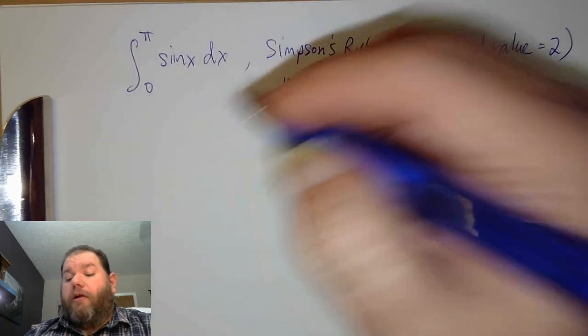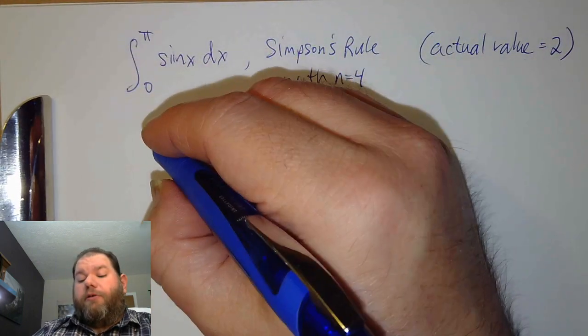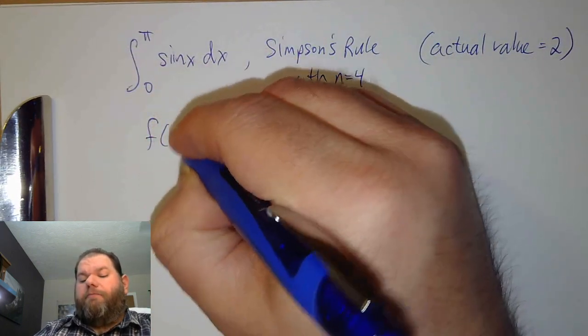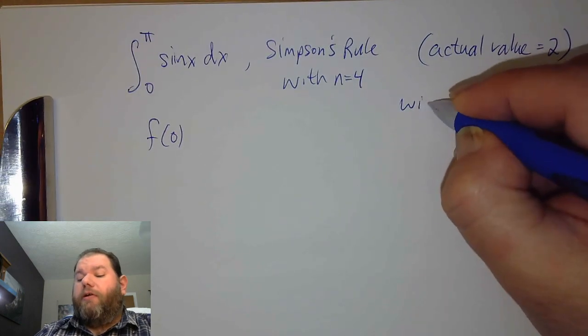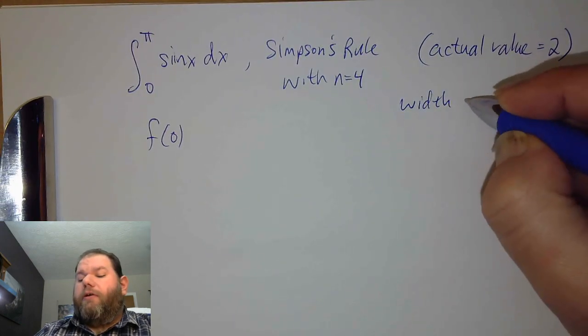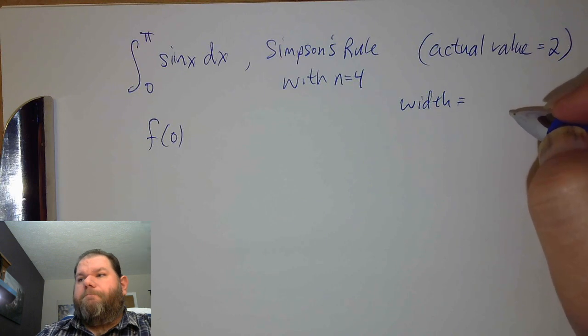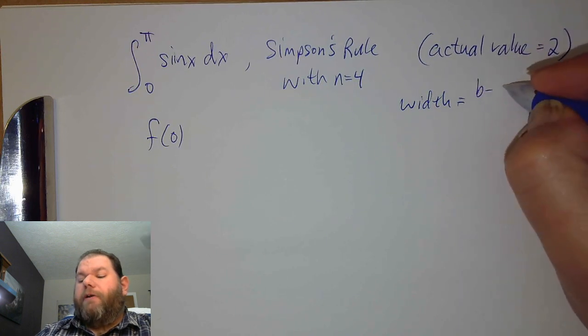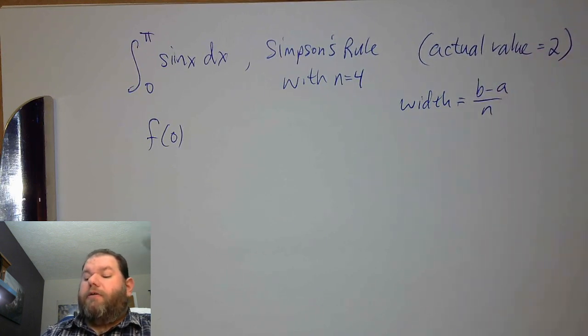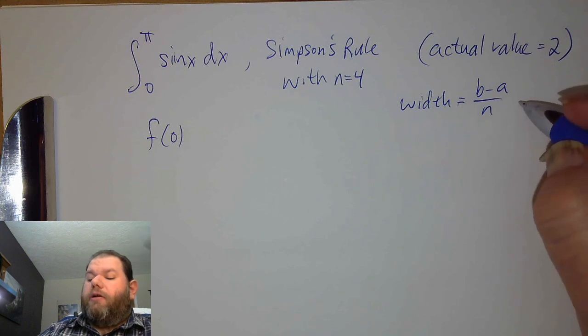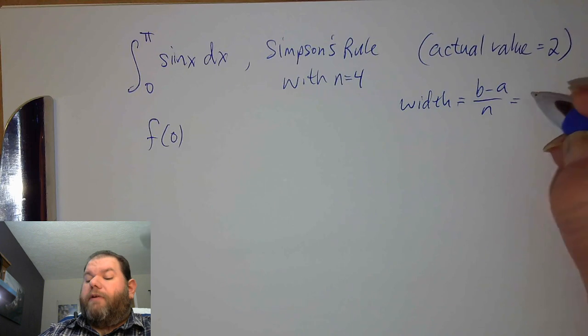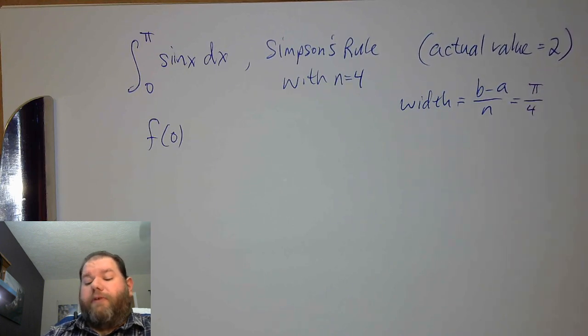So, splitting this up into 4 pieces, our width is still (b minus a) divided by n. In this case, (pi minus 0) over 4, so our width is still pi over 4.